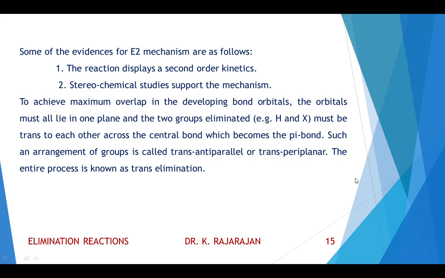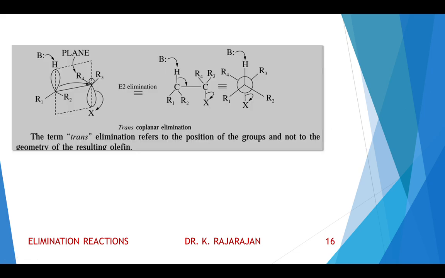Such an arrangement of groups is called trans-antiparallel or trans-periplanar. The entire process is known as trans-elimination. Now you are seeing how the X and H are trans to each other.